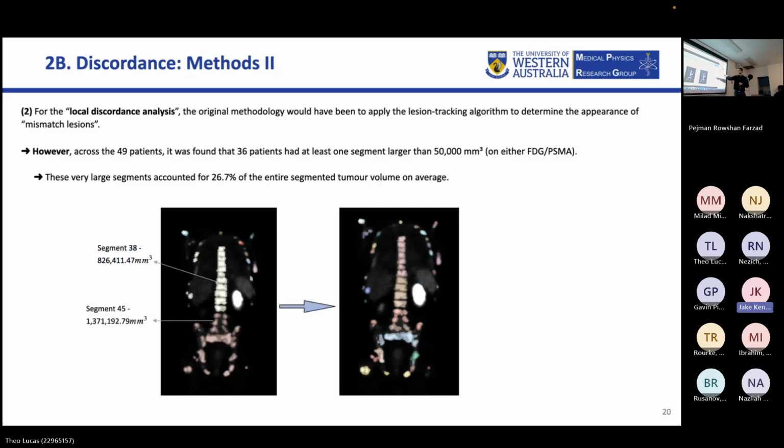And 3 methodologies were tested to try to break down these really large segments into their individual counterparts. This was one of the methods. Visually, it seemed acceptable, but it couldn't be quantitatively validated. So basically, I had to treat the segments as regions of disease, which led me to develop a more novel approach at determining discordance.